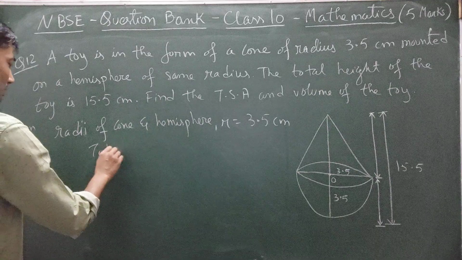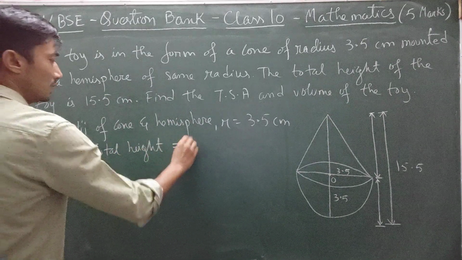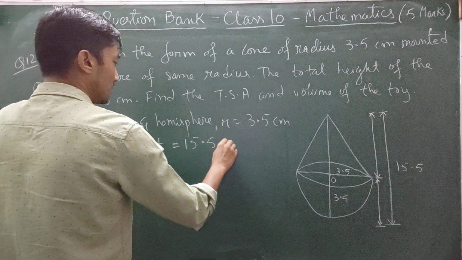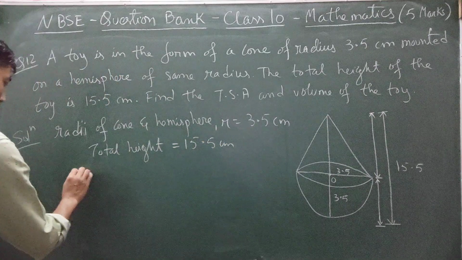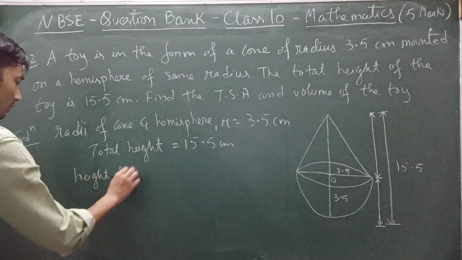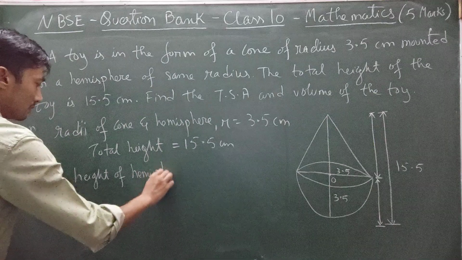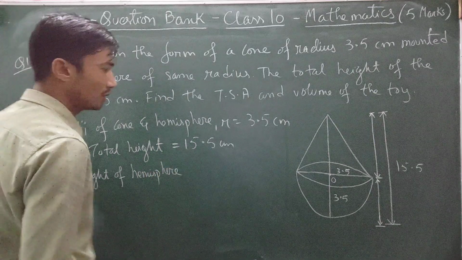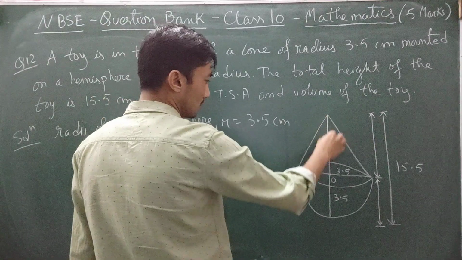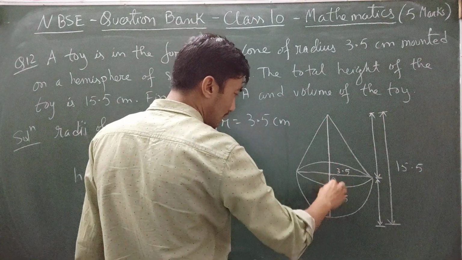Total height is 15.5 centimeters. Now we need the height of the cone. Since the total height is 15.5, what will be the height of the hemisphere?